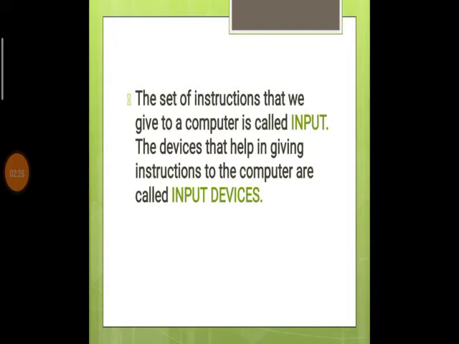That means if we want to perform a task or work through a computer, firstly, we have to give the instructions to the computer that you have to do this task or that work. According to our instructions, the computer will perform the task.